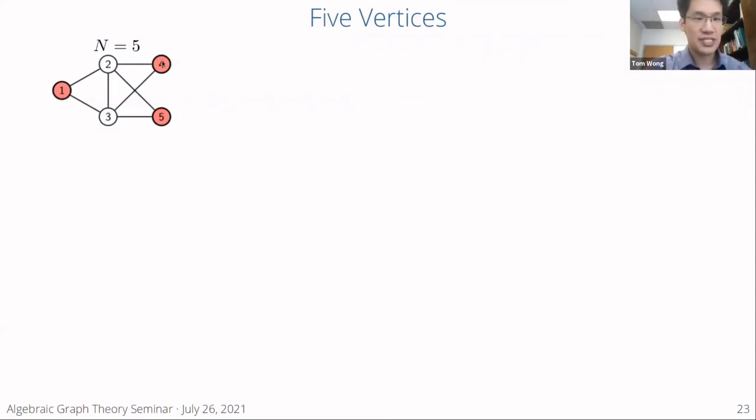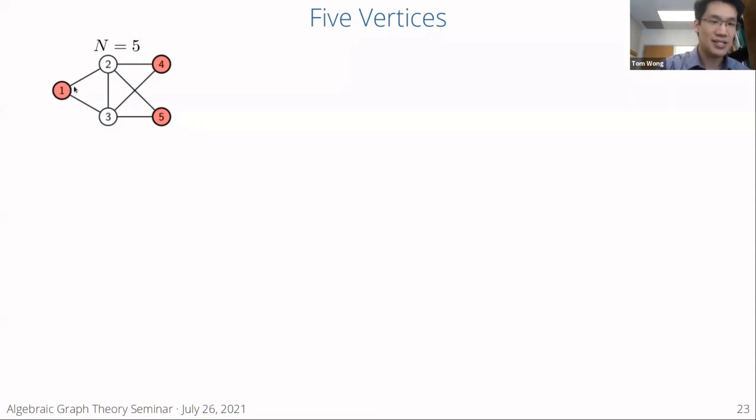And these red vertices, 1, 4, and 5, are the starting vertices. So if you start at vertex 1, the walks are equivalent, or if you start at vertex 4, the walks are equivalent, or if you start at vertex 5, the walks are equivalent. And if you look at this graph, you'll see that those vertices are isomorphic to each other. They have the same structure, because you can imagine you have these 2 vertices, 2 and 3, in the middle.